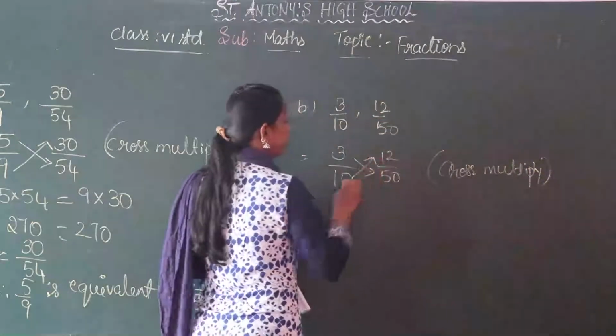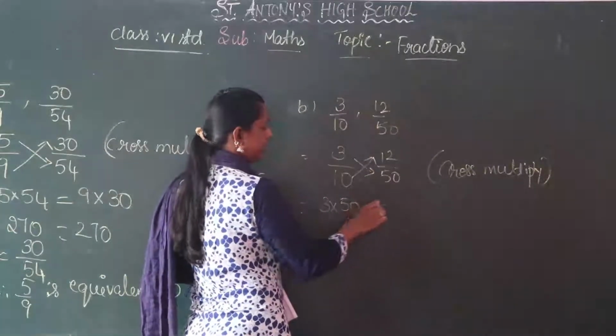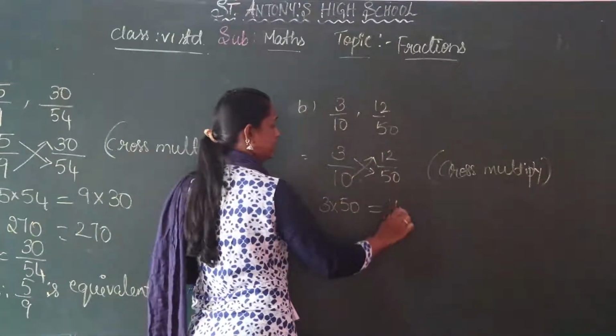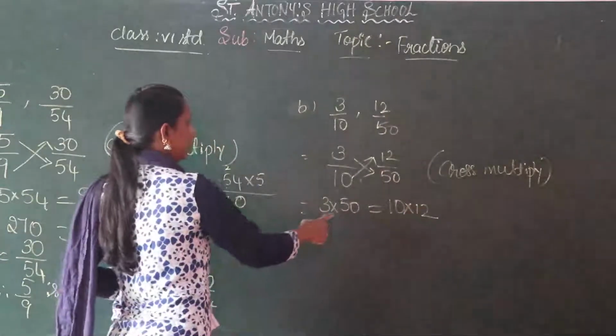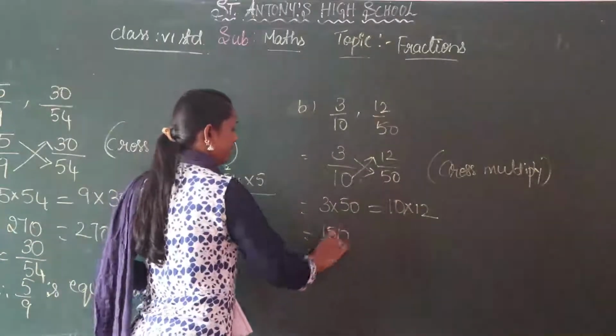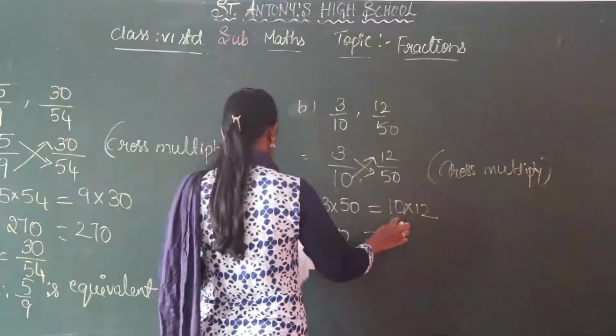Cross multiplication. 3 into 50 equals 10 into 12. 3 5s are 15, remaining 0, 150 is equal to 10 into 12.